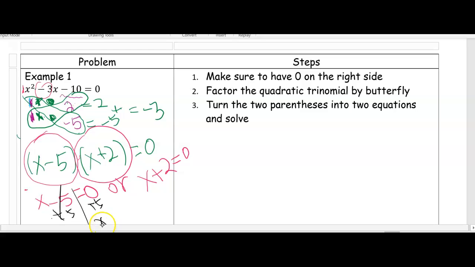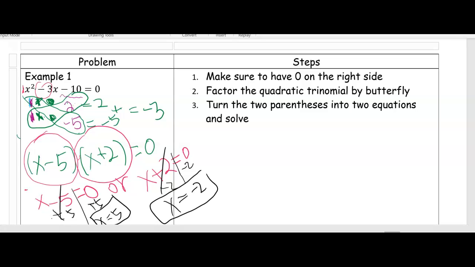So you have x equals 5 as one solution. And for the second little equation, you subtract 2 on both sides. So I have x equals -2 as the other solution. And that's it. So for this quadratic equation, you have two solutions.